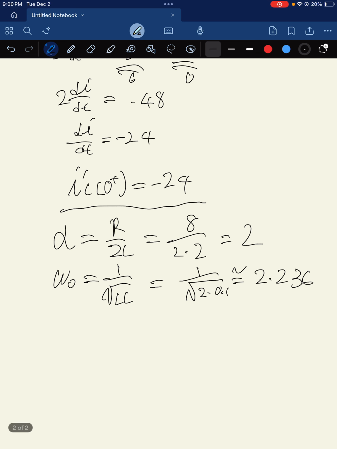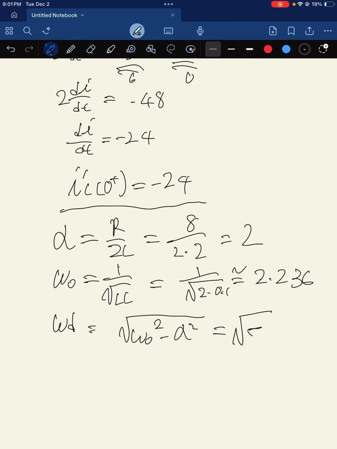And since we're already at it, let's just do omega D, the square root of omega naught squared minus alpha squared. 2.236 squared is roughly 4.9996, so I'm just going to write that as 5. 5 minus 4 equals 1.